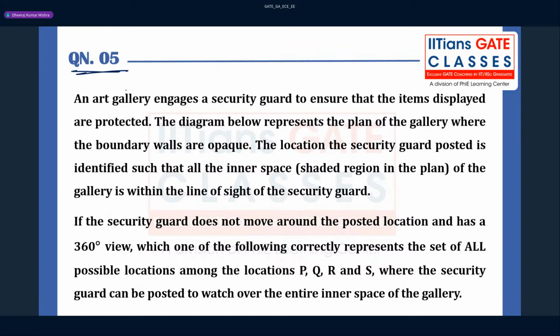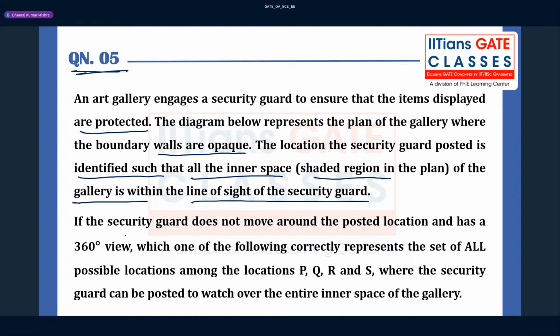Question number 5. An art gallery engages a security guard to ensure that the items displayed are protected, right? The diagram below represents the plan of the gallery where the boundary walls are opaque. The location where the security guard is posted is identified such that all the inner space, the shaded region in the plane of the gallery, is within the line of sight of the security guard.